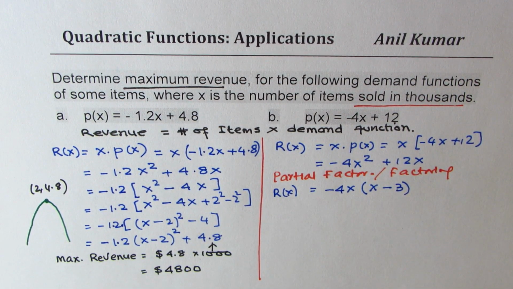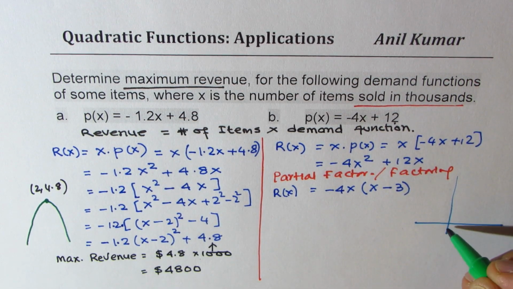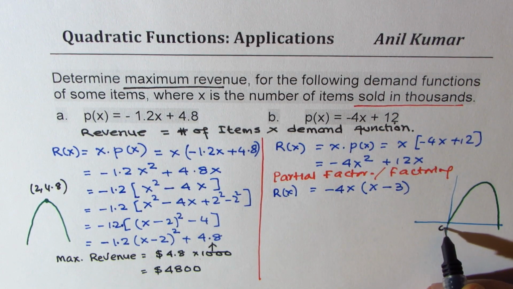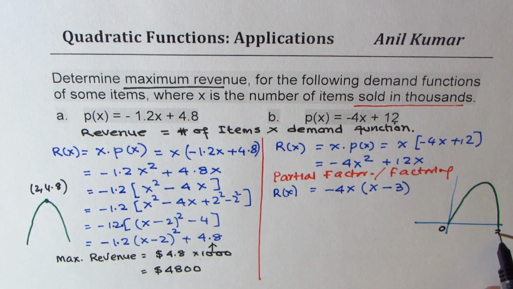If you try to sketch it, the type of parabola you're going to get is kind of like this, right? It goes down. What you understand from here is that you have a 0 here and the other 0 is at 3.